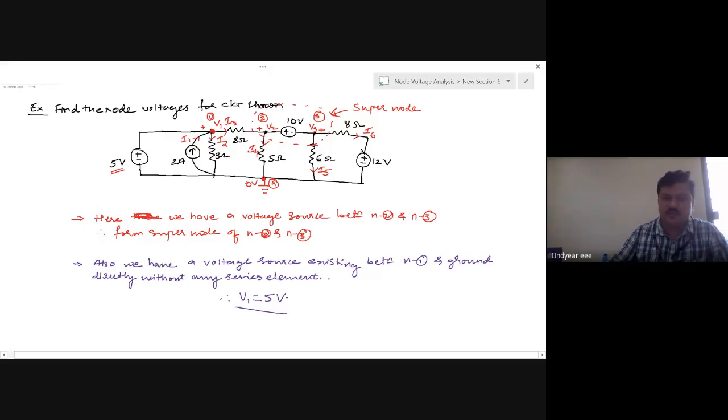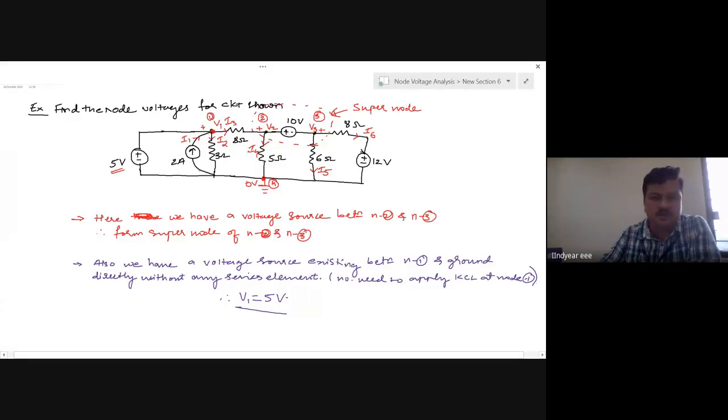Or we can write, no need to apply KCL at node 1, because already I got the value of the voltage.